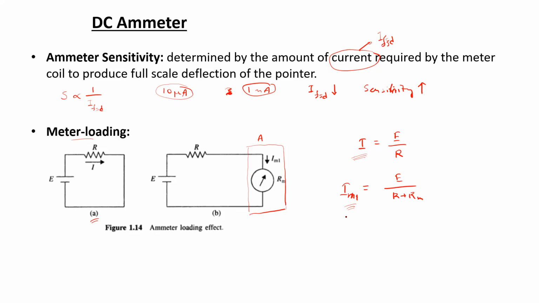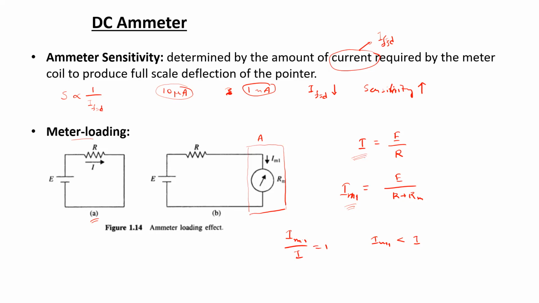So ideally the ratio Im1 by I should be equal to 1, but in practical case this ratio doesn't remain equal to 1, rather it is less than 1, because Im1 is less than I.